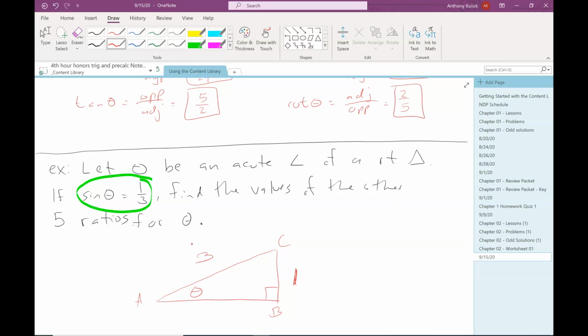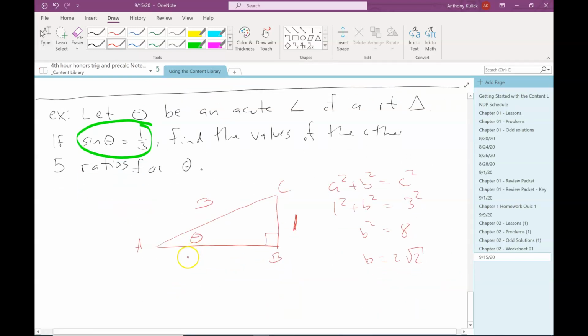Okay. How are we going to find that third side length? What do we have to be careful about here, though? Yeah, so notice here that we're given the hypotenuse. So if I square root both sides and then simplify my radical, I have 2√2.